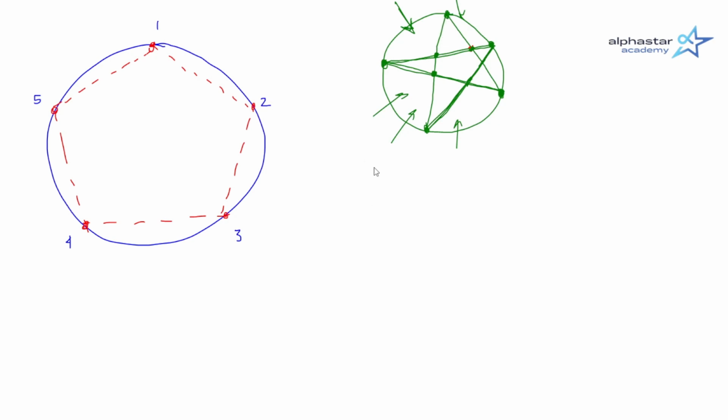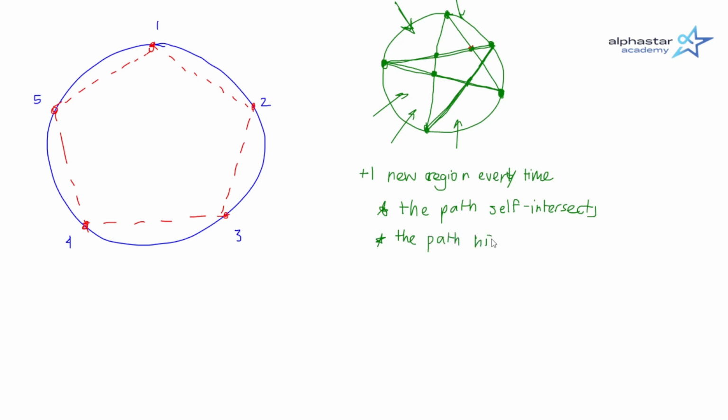So notice that we create a new region every time one of these 2 things happens, right? Either the path self-intersects, or 2, the path hits the circumference of the circle.